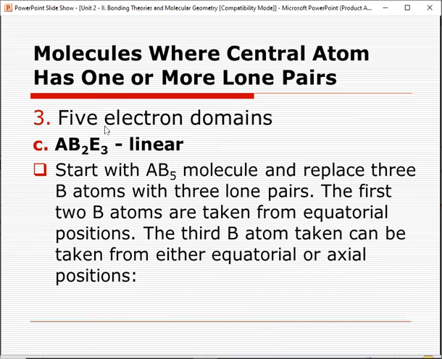For 5 electron domains, but tulo na imuhang lone pair and duha na lang imuhang outer atom. So start with AB5 molecule, which is the trigonal bipyramidal, and replace 3 B atoms with 3 lone pairs. The first 2 B atoms are taken from equatorial position, but the third B atom can be taken either equatorial or axial positions.